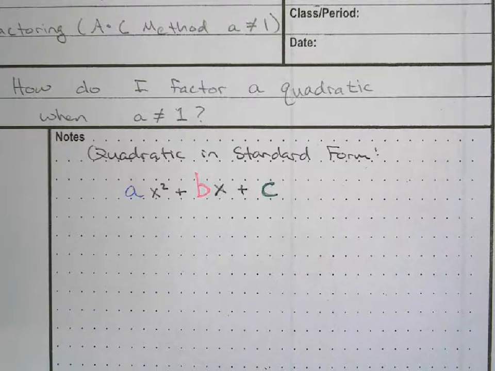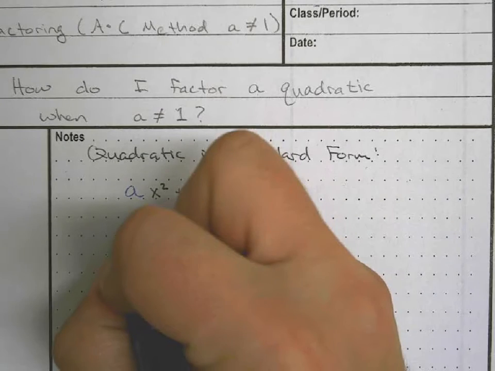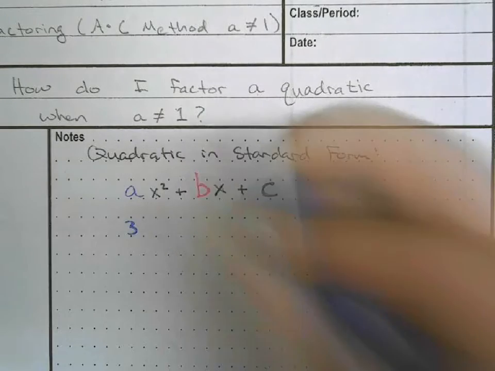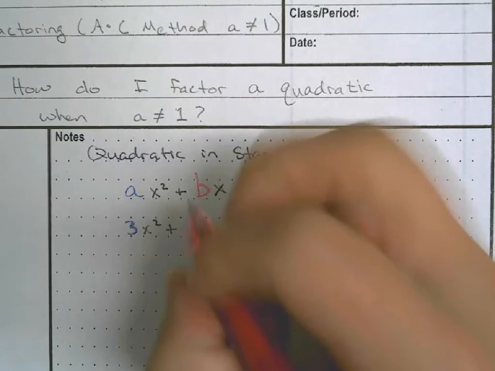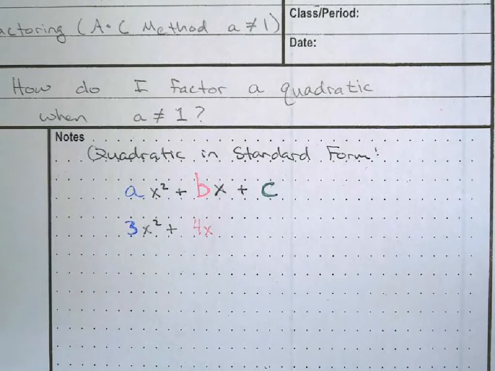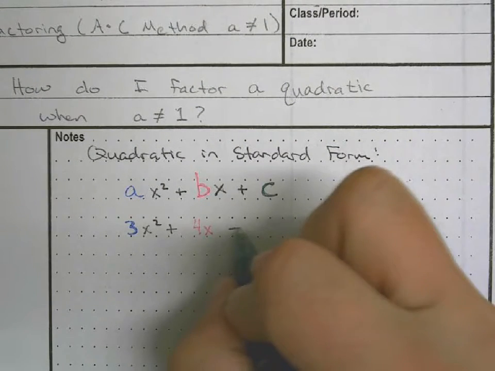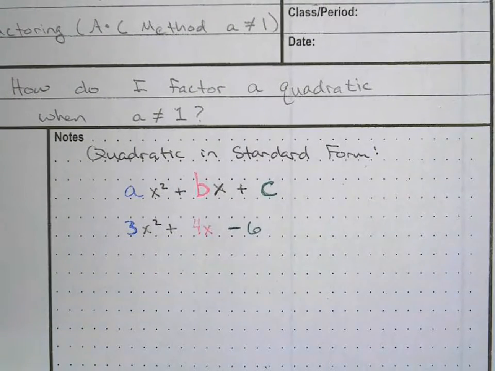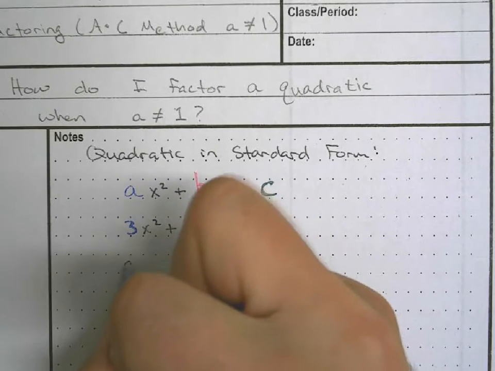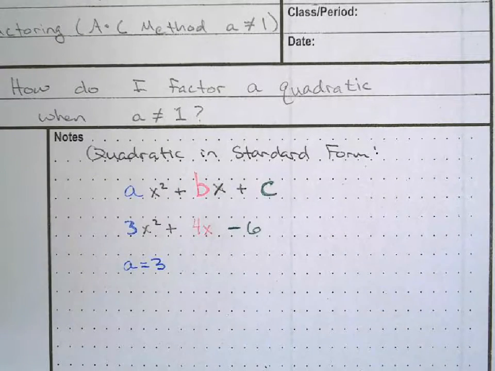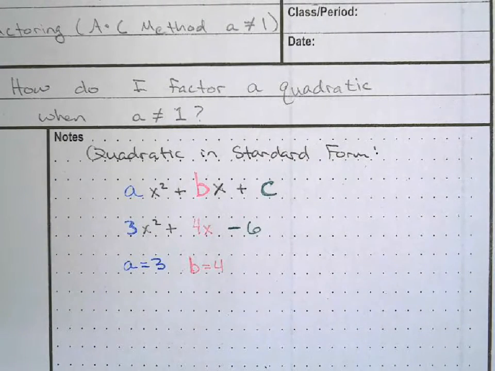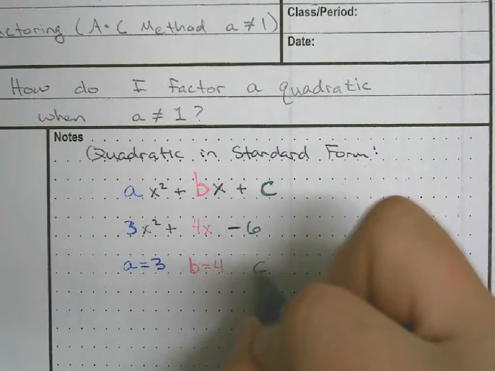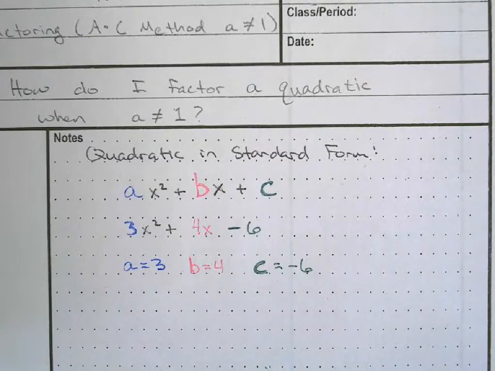So for example, say I'm looking at 3x squared plus 4x minus 6, we can say a equals 3, b equals 4, and we have to make sure we hold on to our negatives, so c would equal negative 6.